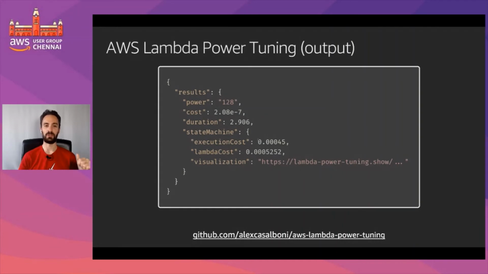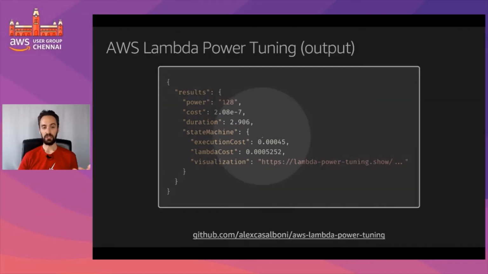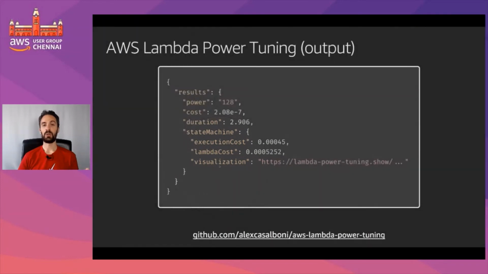It's very cheap, very affordable. So there are even customers that are running this as part of their continuous integration. So every time they want to deploy a function, they just power tune it automatically and go with the production deployment.